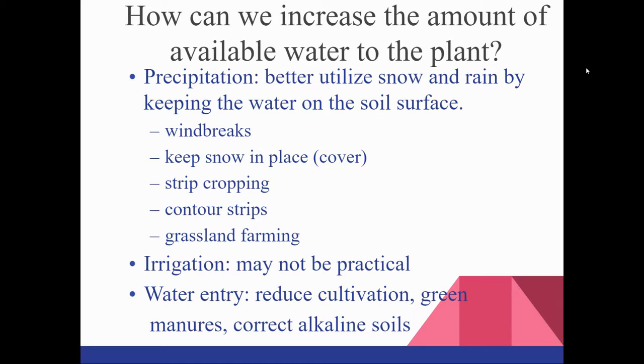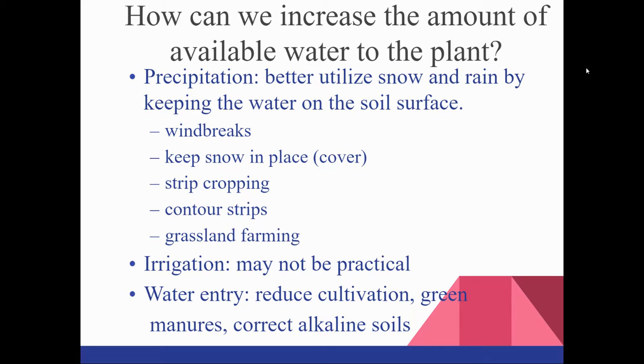So how can we increase the amount of available water? Precipitation: we can better utilize snow and rain by keeping water on soil surfaces, using windbreaks, keeping snow in place, strip cropping, contour strips, or grassland farming. Irrigation may not be practical in some areas. In some areas it may be, depending on the financial aspect of it. It's not cheap to do.